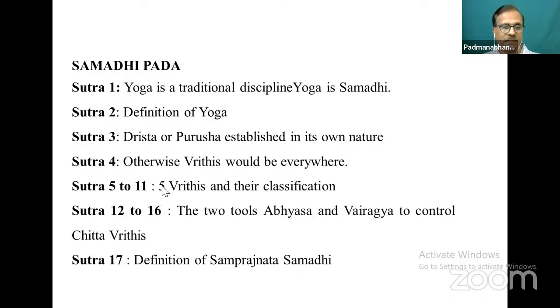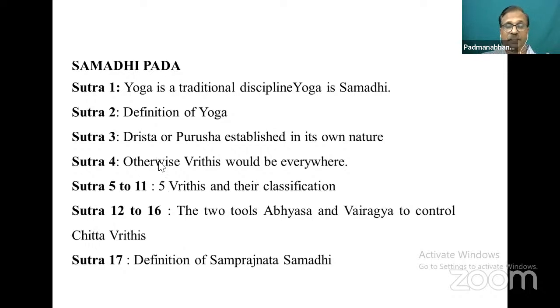Without an object, Samprajnata Samadhi never happens. It is a process of tutoring, teaching the mind to concentrate on a gross form, the form you can see outside, and a subtle form that only you can think of. So this is Samprajnata Samadhi.